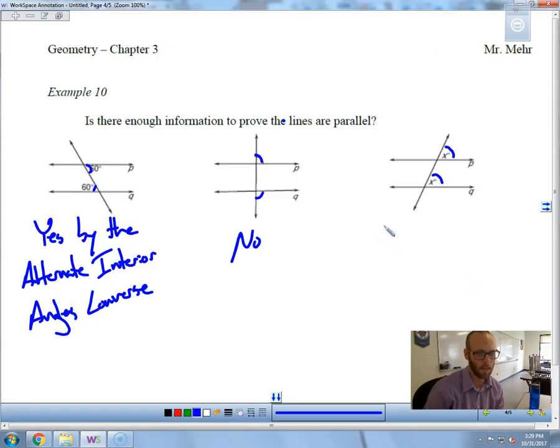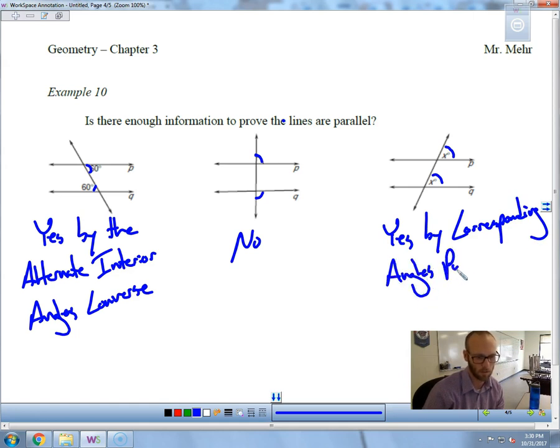So this would be a yes by the corresponding angles postulate. Nope, not the corresponding angles postulate, the corresponding angles converse.